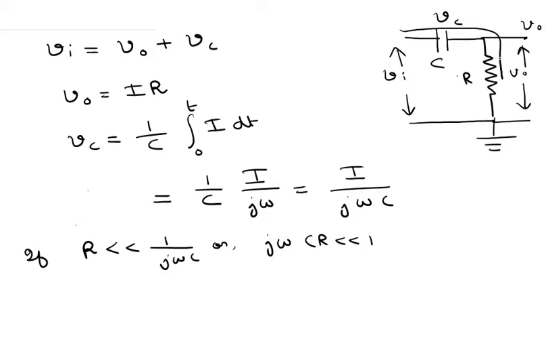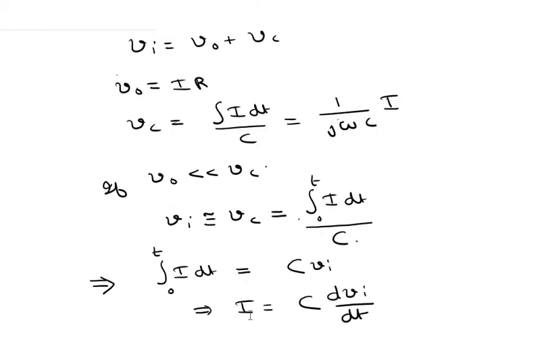Now the output voltage is basically the current times this resistor R. So we have an equation for the current, I is equal to C dVi/dt. So the output voltage V0 is basically R into the current, which is RC dVi/dt.